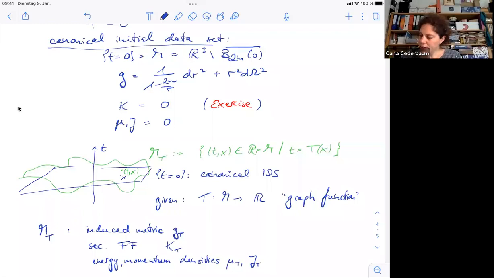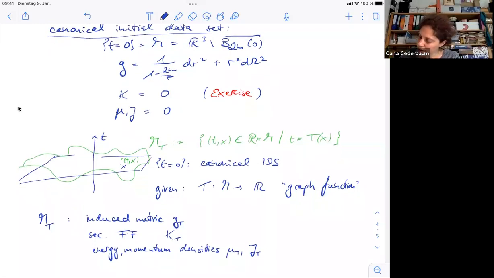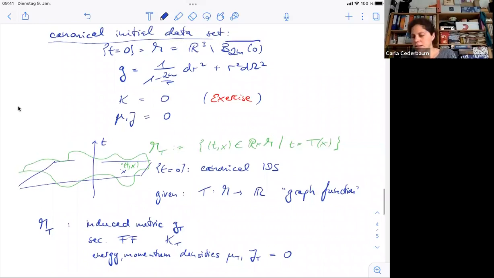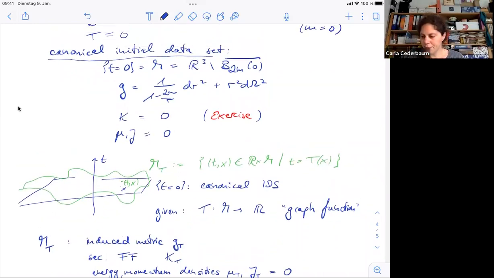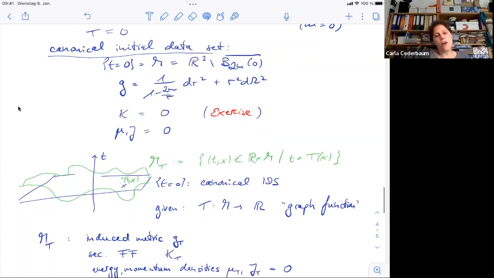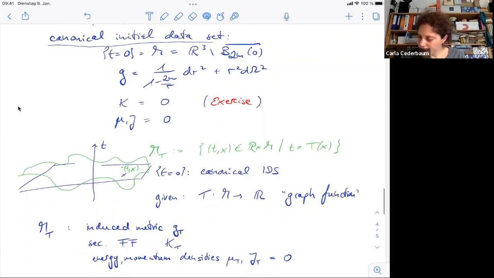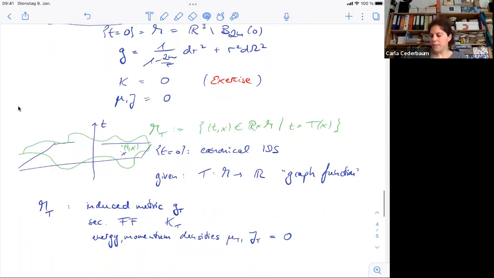And it turns out that it's very easy to see that these are both 0 because the energy momentum tensor of the spacetime here is 0. So all its components, its projections, the matter density, the energy density, and the momentum density, they all vanish. Okay, so we don't have to do any computations. We do, however, have computations to compute the induced second fundamental form and the induced metric on this M_T.